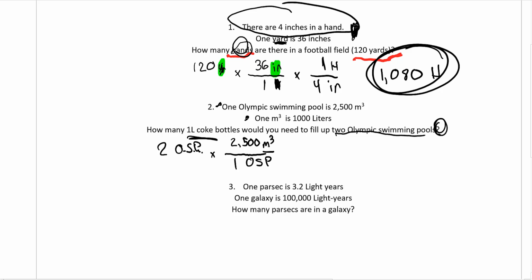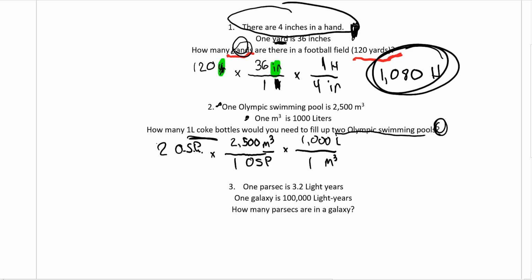Meters cubed. And I don't forget this unit right here. It's important to write down because it lets me know that my next fraction has a meters cubed on the bottom before I even start looking. But now that I know what I'm looking for, I can start looking up here. So 1 meter cubed is 1,000 liters.